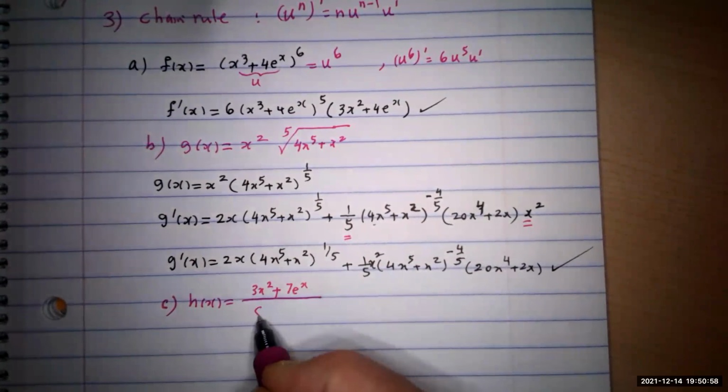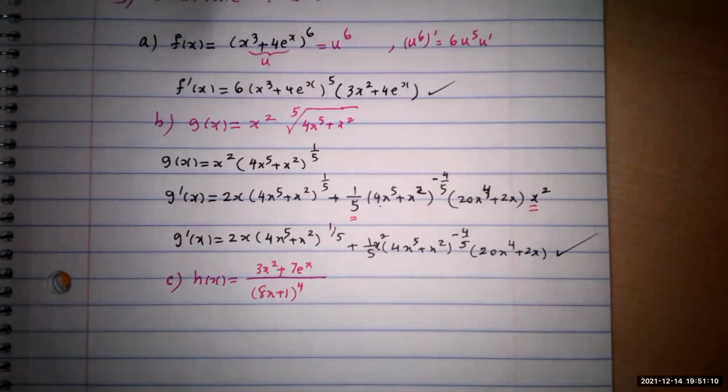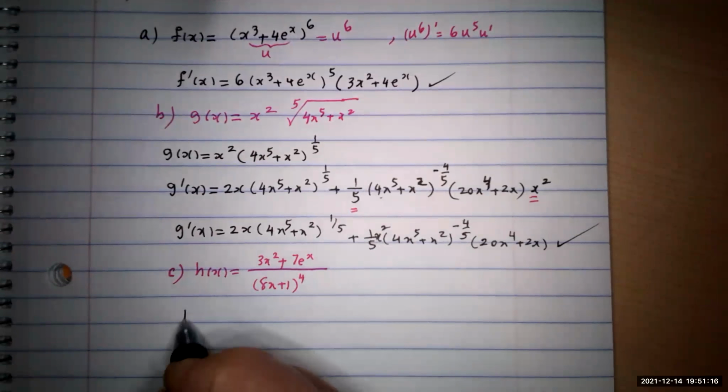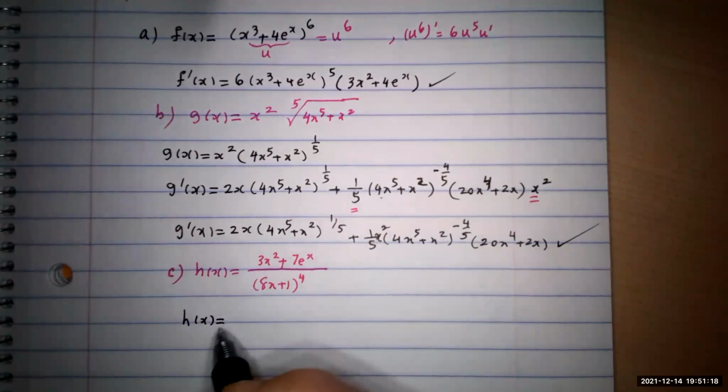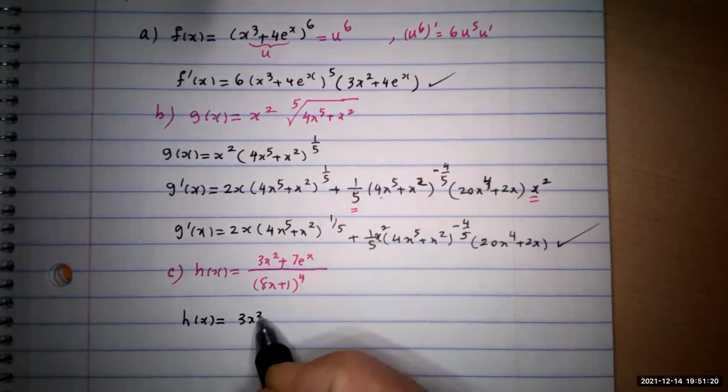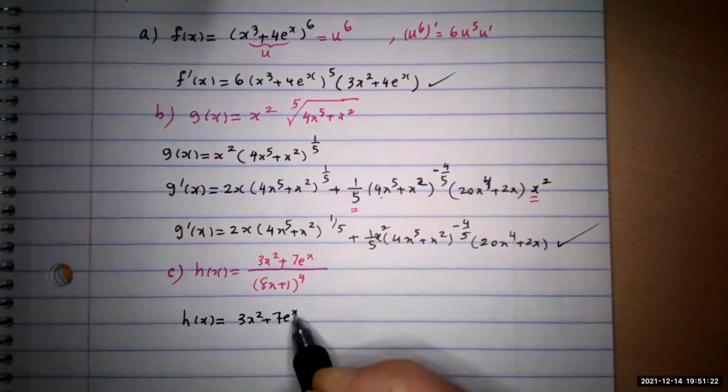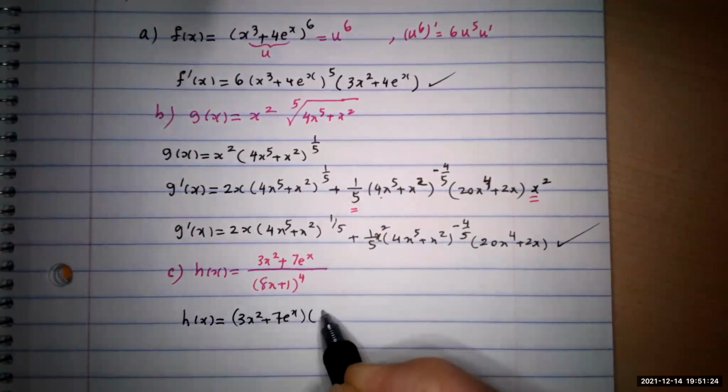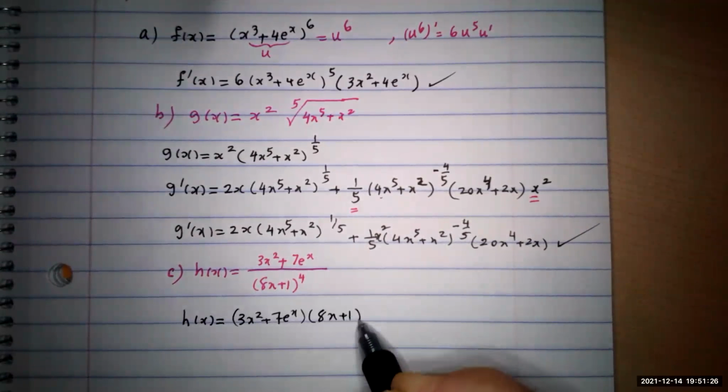Since we get the habit, in the case of integration, that if there is a power, we move it up, we do the same thing over here, and we avoid the quotient rule. But if you like it, you can use the quotient rule. But basically, again, if we move it up, it's going to be (3x squared plus 7e to the x) times (8x plus 1) to the negative 4.